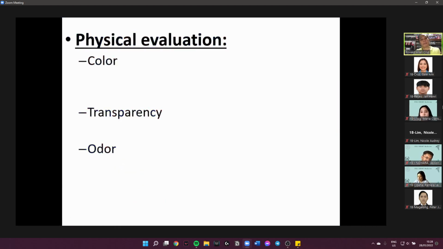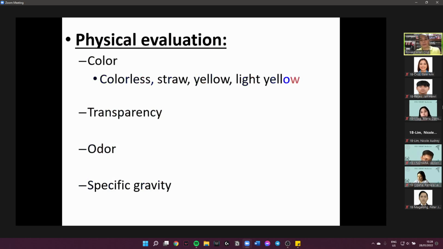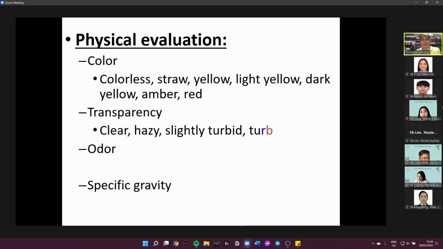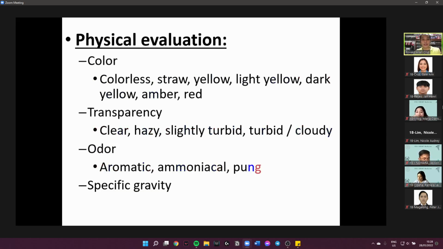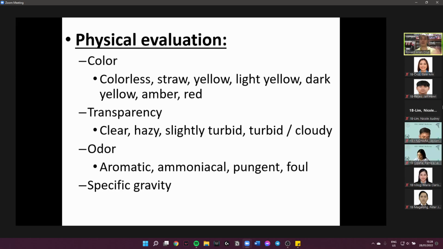Okay. So first, let's talk about the physical properties of urine. Namely, these are your color, transparency, odor, and specific gravity. When you talk about color, it's the color of your urine, so you simply describe it: if it's clear, light yellow, dark yellow, amber, red, etc. Sometimes tea-colored.